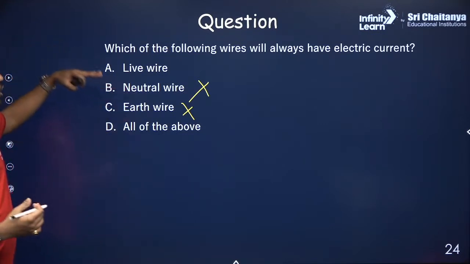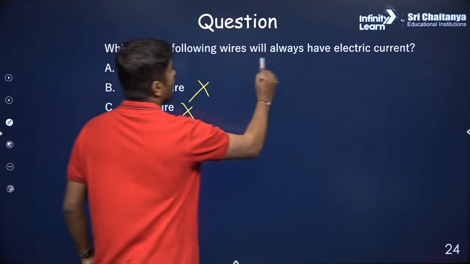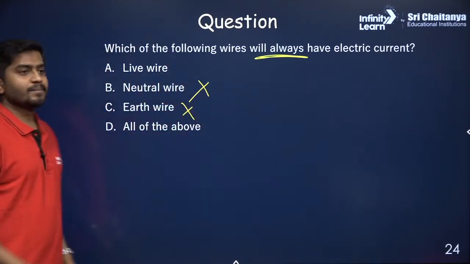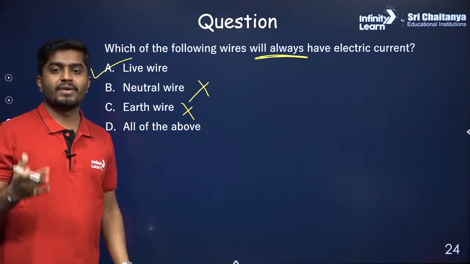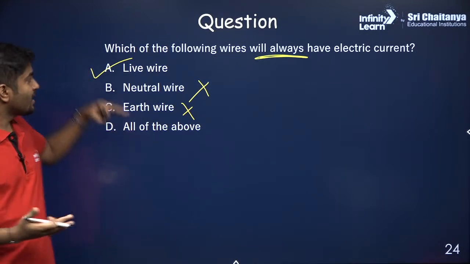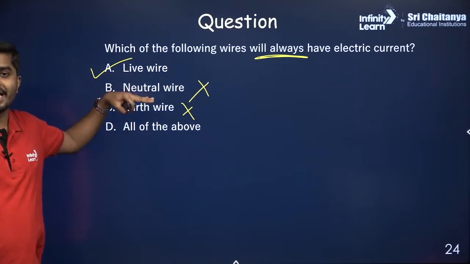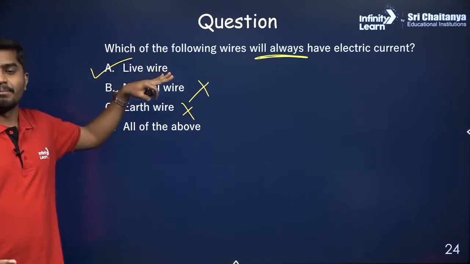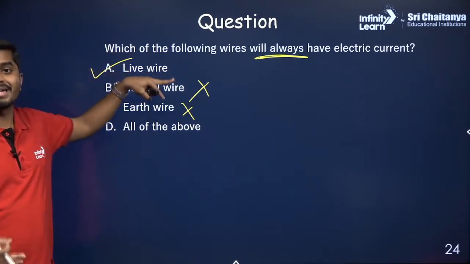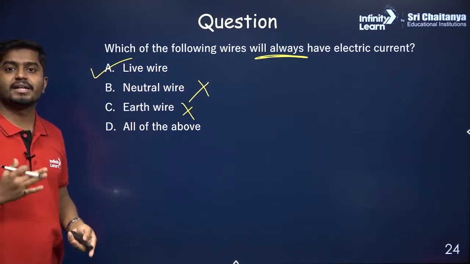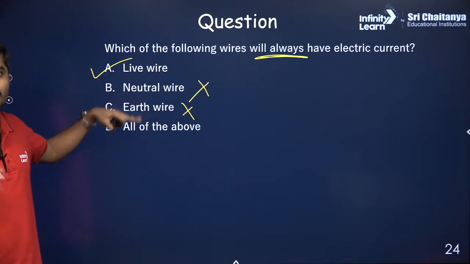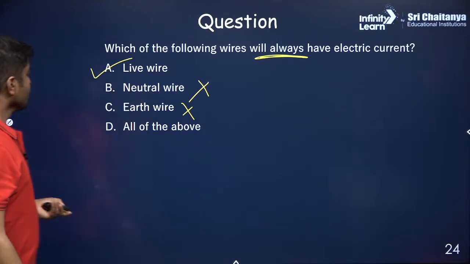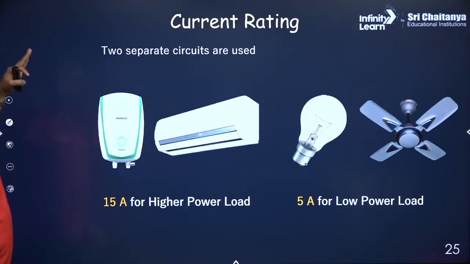But the wire that will always have current is the live wire. So children must be kept away from the live wire, because a single wire is enough to give an electric shock. You don't need a neutral wire for an electric shock. Next one, the current rating.